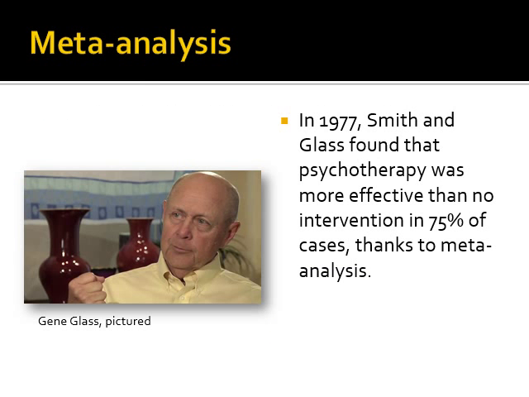Meta-analysis has been very important in the history of counseling and psychotherapy, particularly the history of research in counseling and psychotherapy. Two examples of this. In 1977, Smith and Glass, and Gene Glass is pictured there, found that psychotherapy was more effective than no intervention in 75% of cases thanks to meta-analysis.